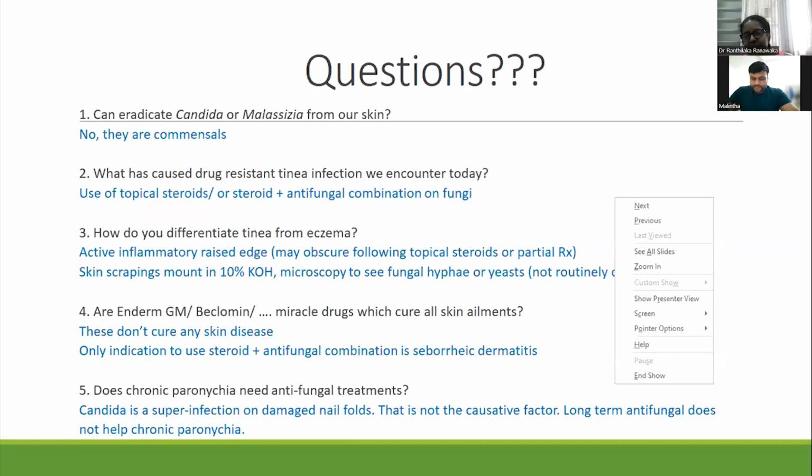But again, seborrheic dermatitis is caused by Malassezia species, which is a commensal. So seborrheic dermatitis recurs again and again. When there's a commensal overgrowth, we have to look for patient factors. In seborrheic dermatitis also, we don't know why it comes.